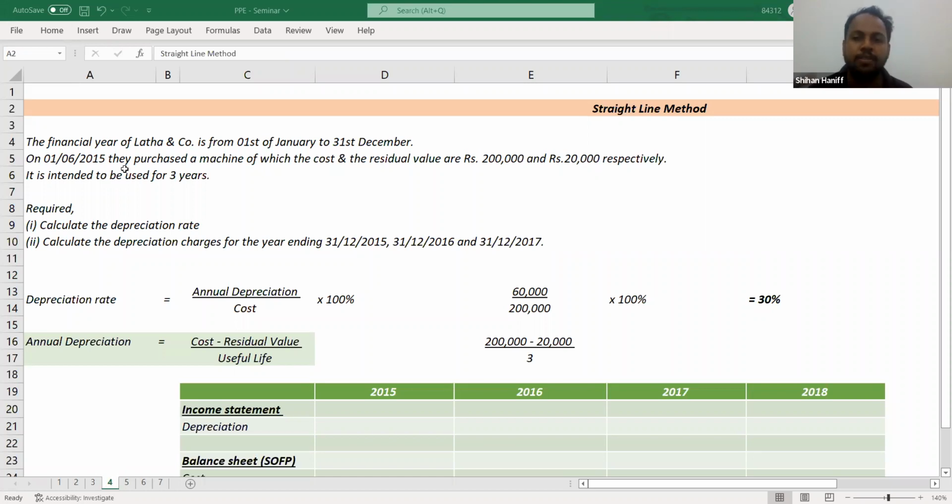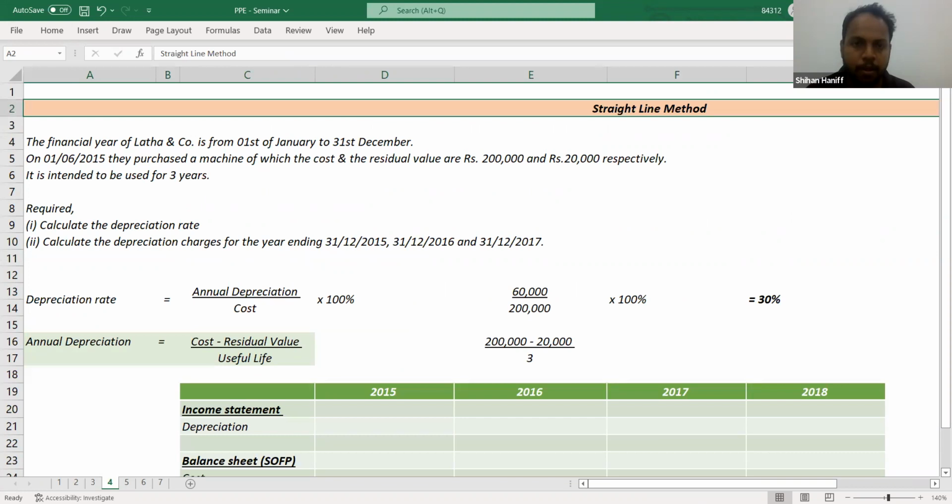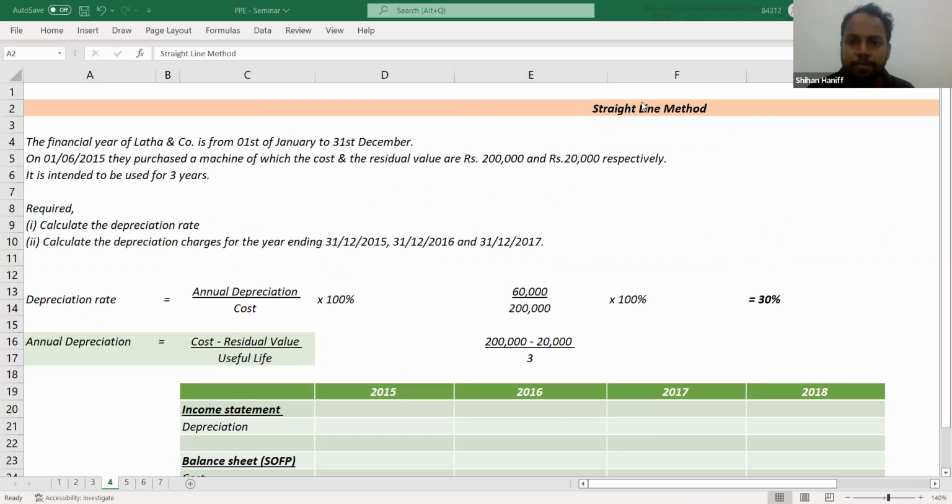There are only a few. What is depreciation? Okay. So first, let's start with straight line method.